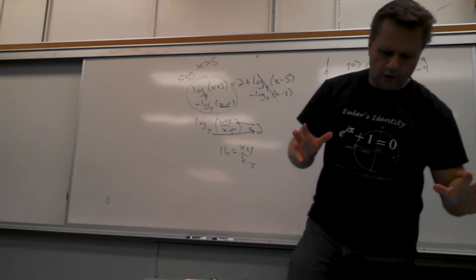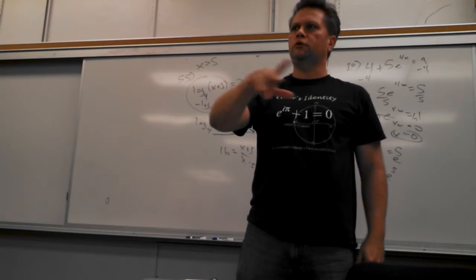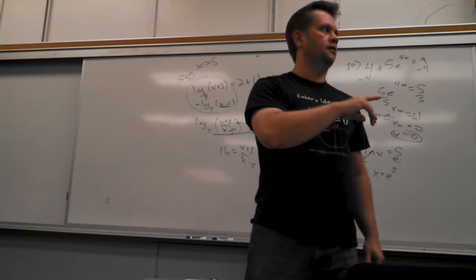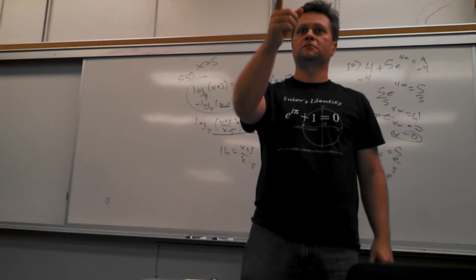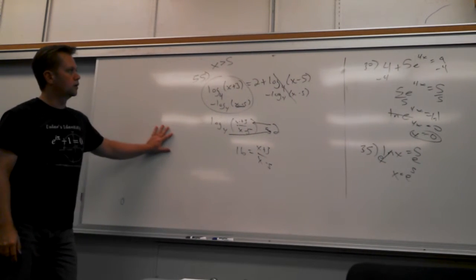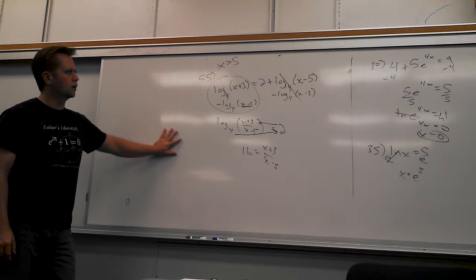Does anybody else have questions from anywhere else in chapter 14 while we wait? Yes, ma'am. For the same portion, couldn't we make the x minus 5 be the exponent for 2, and then we know that the logs are the same, so we would have x plus 3 equals 2 to the exponent x minus 5.